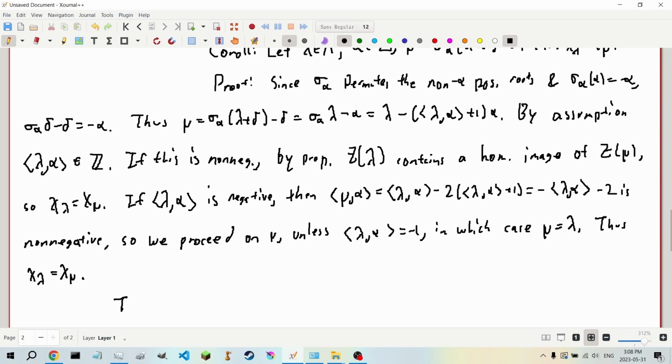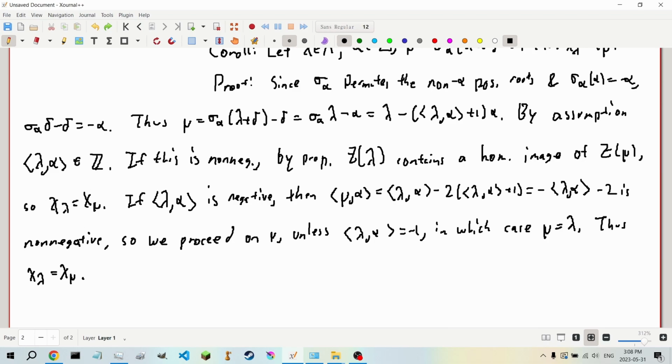From this corollary, we see that two integral linear functions linked by a simple reflection have the same character.